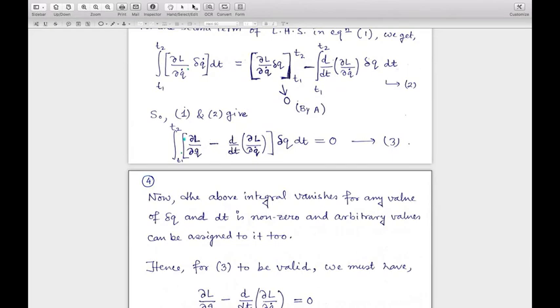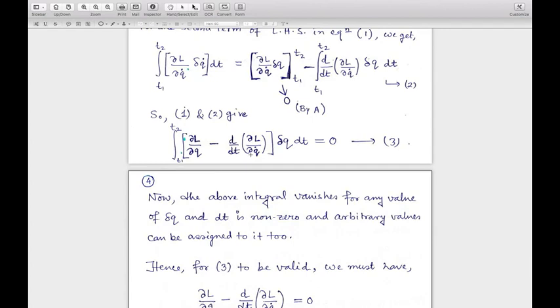Let's say ∂L/∂q_i minus d/dt of ∂L/∂q̇_i, times δq_i dt, and there will be a sum over i for that.